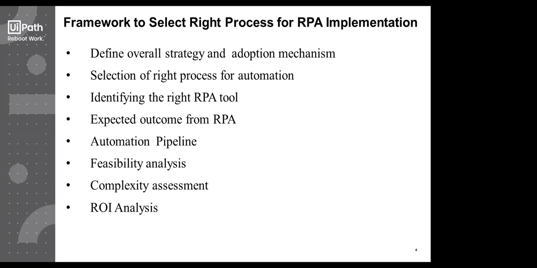If there is any change, or if a new button or something is added onto the UI of the application you are automating, how quickly can you come up to that change, how quickly can you fix it? So that's what feasibility analysis is.